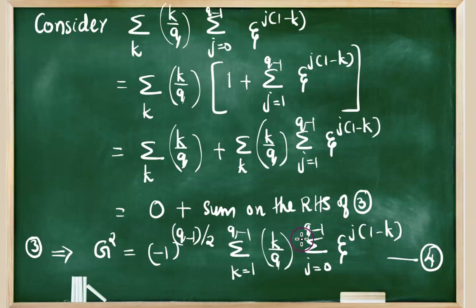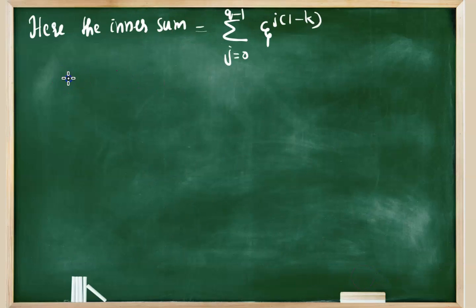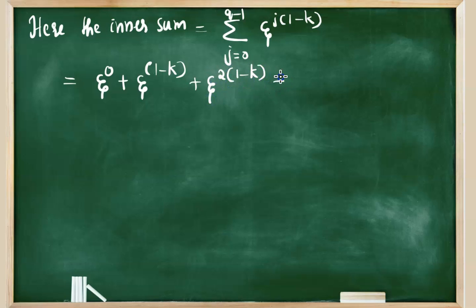Here we will now consider this inner sum, summation over j varying from 0 to q minus 1, zeta raised to j into 1 minus k. Here the inner sum is in fact equal to zeta raised to 0 plus zeta raised to 1 minus k plus zeta raised to 2 into 1 minus k and so on, zeta raised to q minus 1 into 1 minus k.